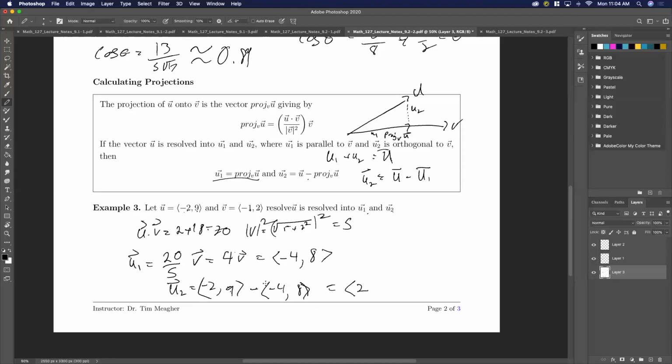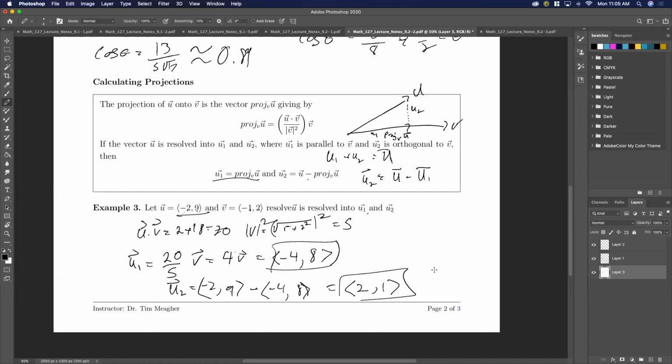And then 9 minus 8 will give me 1. And so this is u2. So I resolved this into u1 here and u2 here. Now if I add these two vectors up, I get my vector u, right? Notice here, the direction of v is -1, 2, and this vector here is in that exact same direction.